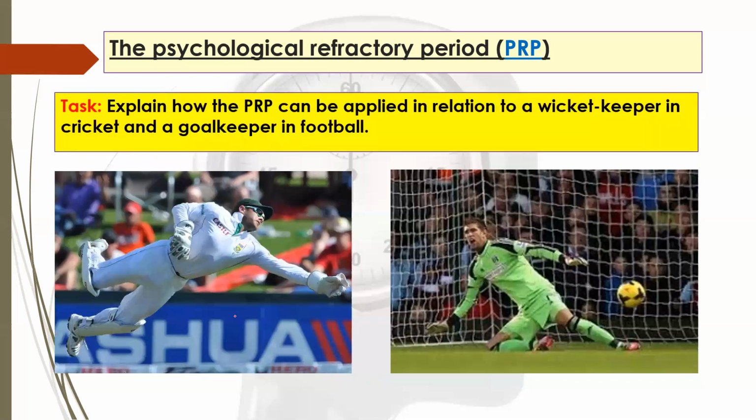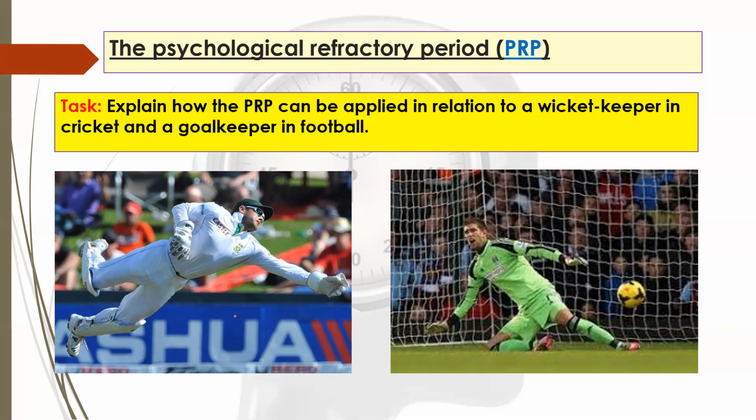So what I want you to do, in addition to that tennis example, which has just been worked through, explain how the PRP can be applied in relation to, and I've just given you the examples here, a wicketkeeper in cricket. In what situation might a wicketkeeper have to use that kind of psychological refractory period?